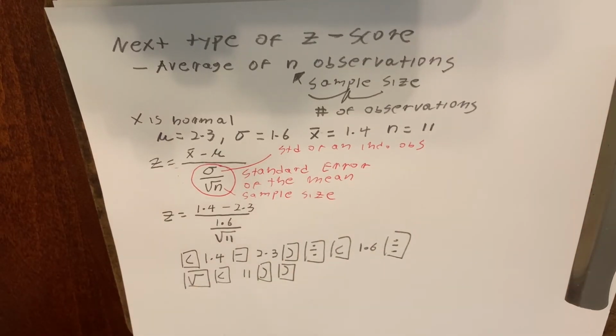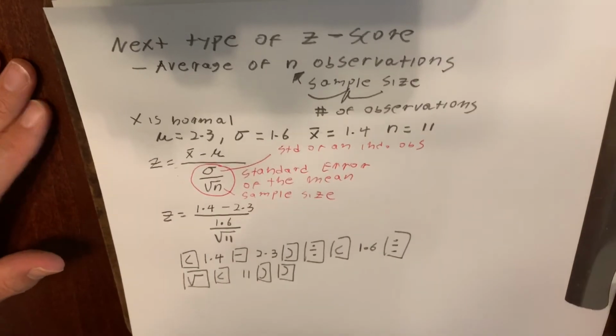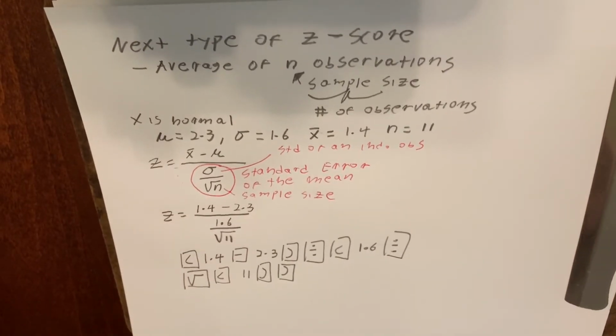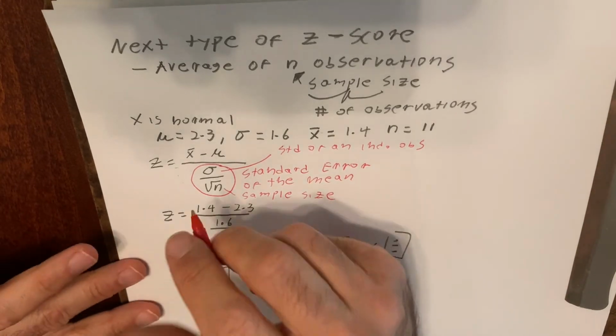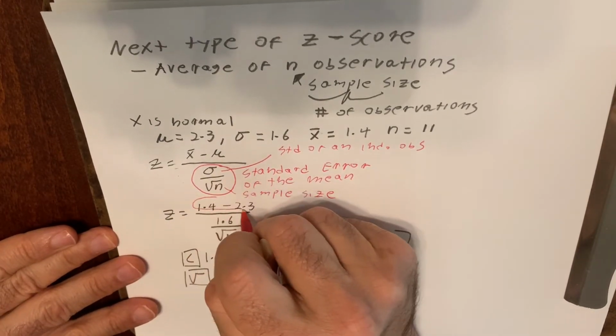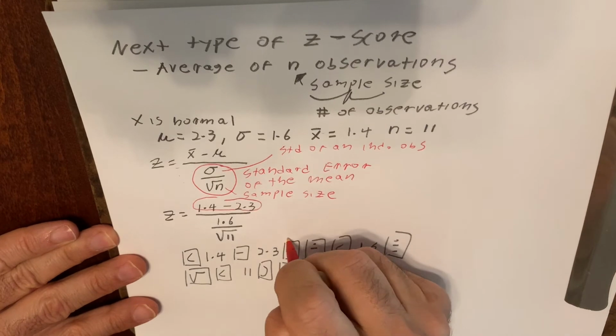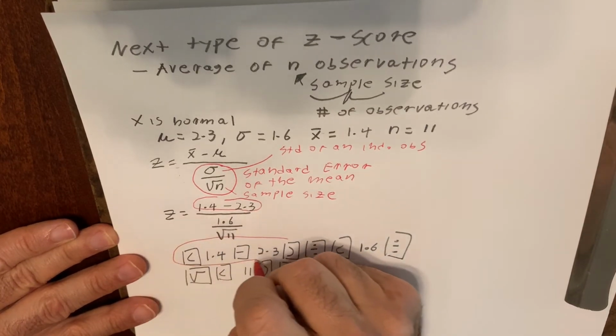Let me explain that, because a lot of people lose credit simply because they don't put it into the calculator right. So this numerator over here, the 1.4 minus 2.3, that's this. This is the numerator.